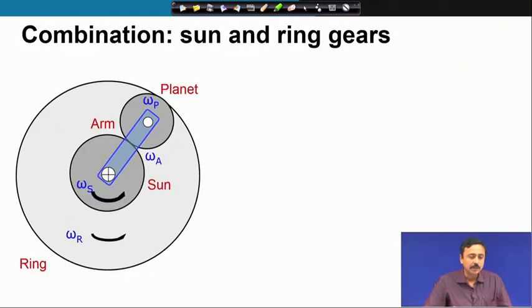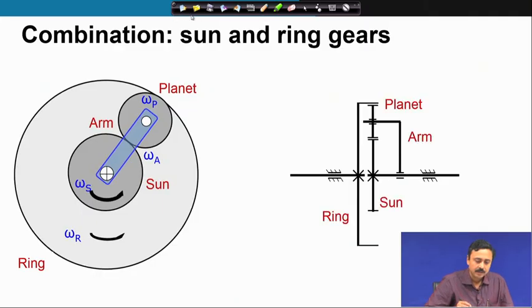Let us now look at the combination of both a sun gear and a ring gear with a planet. Now, this is the fundamental unit that is used in automatic transmission, as we will discuss. This is the schematic representation of the gear train with this combination of ring and the sun.